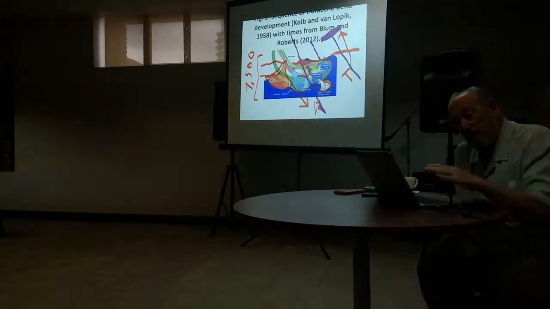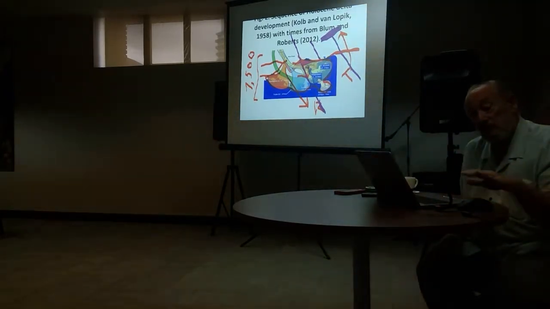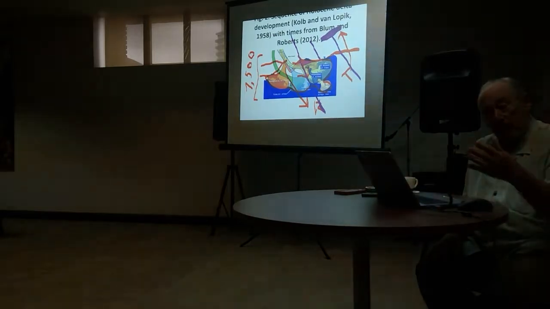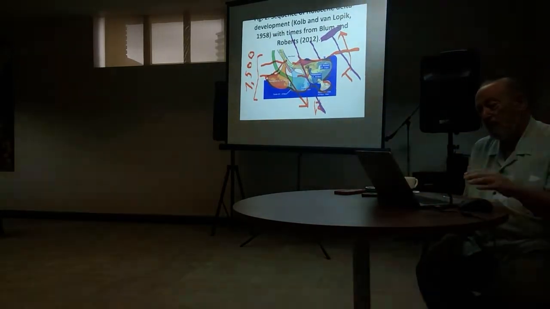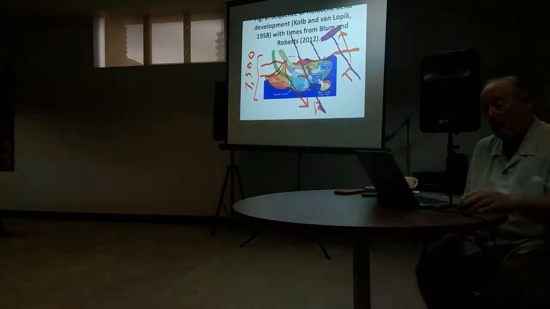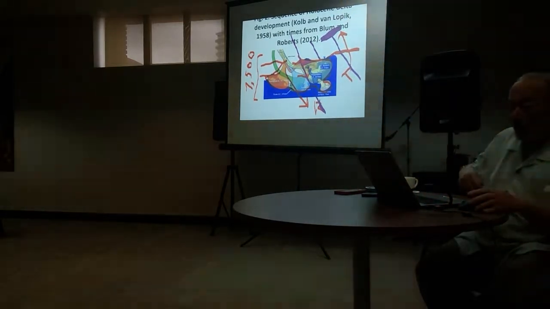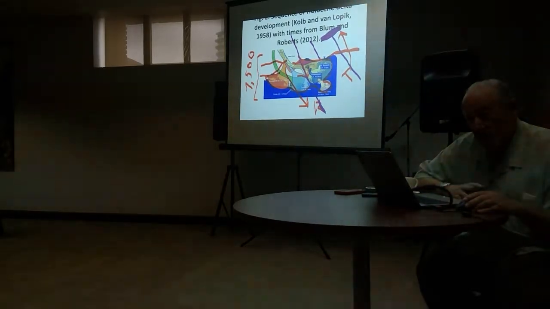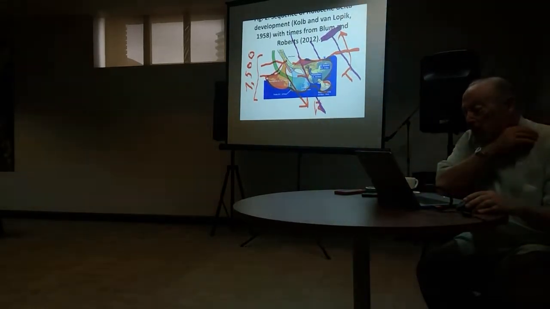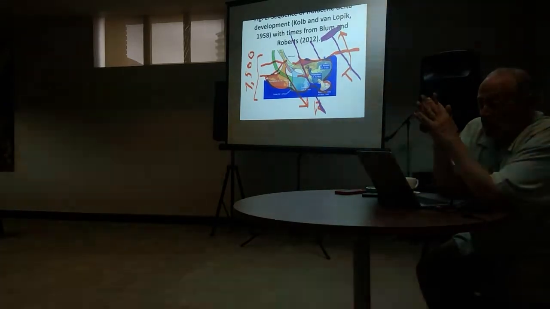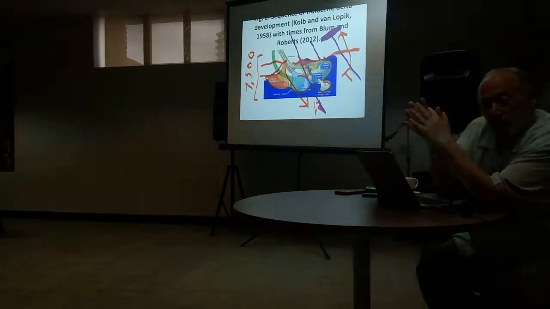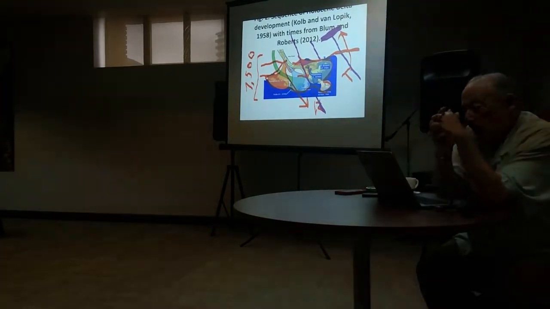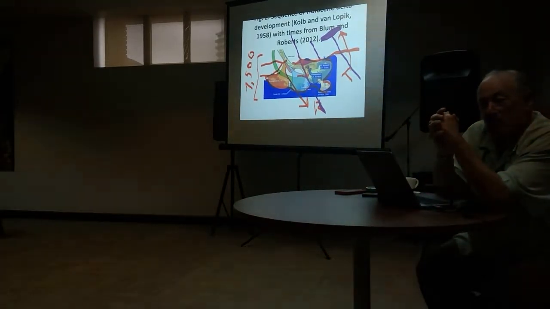Because you get different types of deposits during transgression than during regression, you're apt to make misinterpretations when you shoot, say, 2D seismic lines over an area where this sort of process is going on, which is a lot of areas in the world. So early on, seismic people who interpreted seismic for their stratigraphic features would make mistakes. They'd make a lot of mistakes.